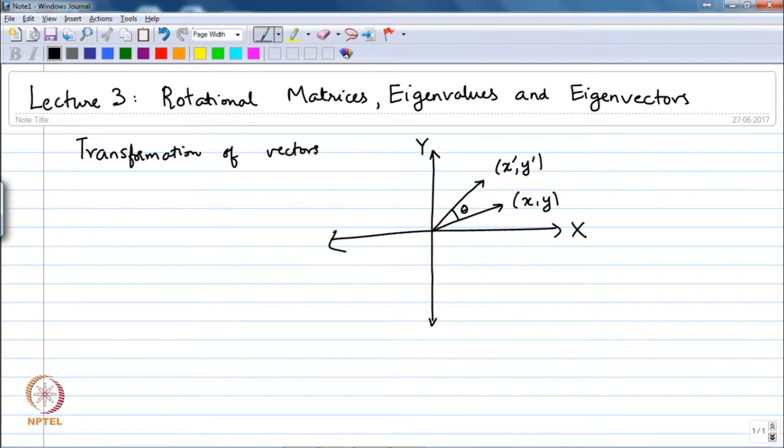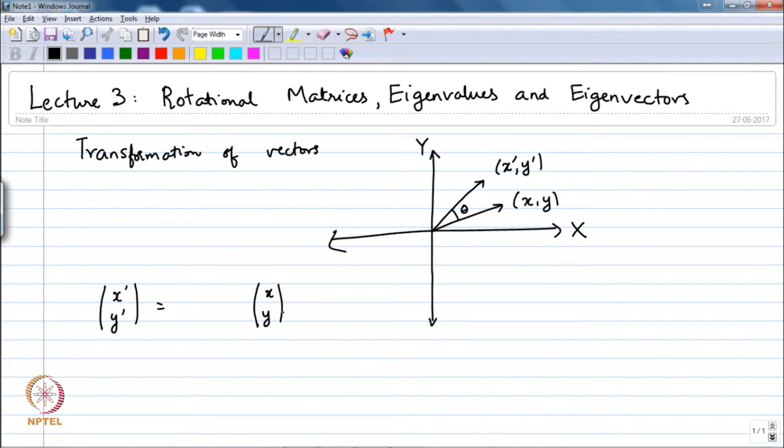So I can write this in the following form. I have a vector x prime y prime, which is obtained from taking the vector x y and rotating it.